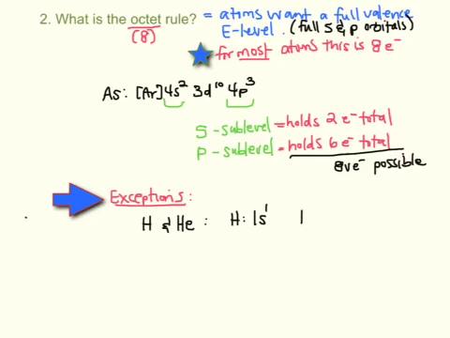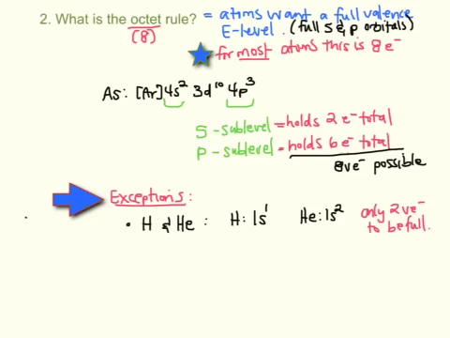And same for helium, right? Helium has a 1s2 electron configuration, which makes its S sublevel already full, and there is no P sublevel in the 1st energy level. So that being said, the exception is that hydrogen and helium both only need 2 valence electrons to be full. So that's an exception because it's not an octet.